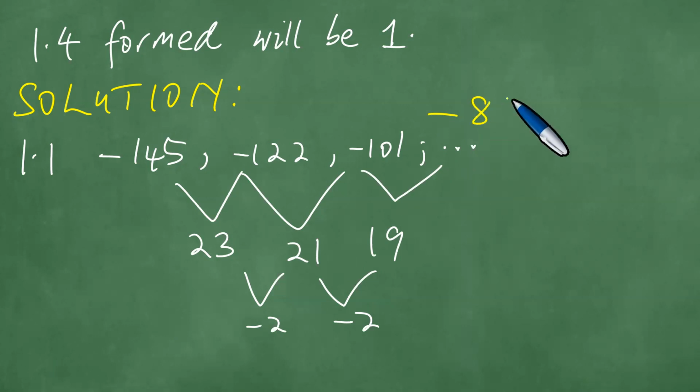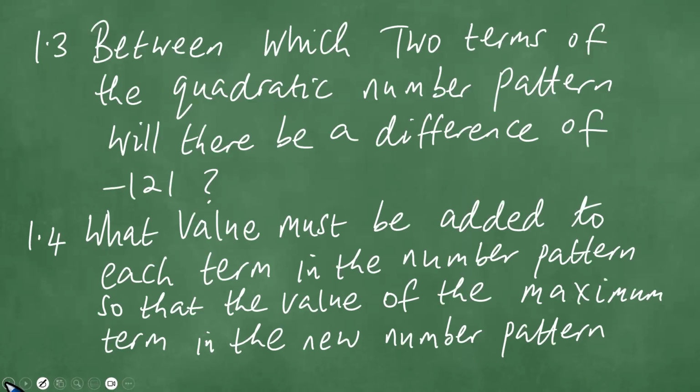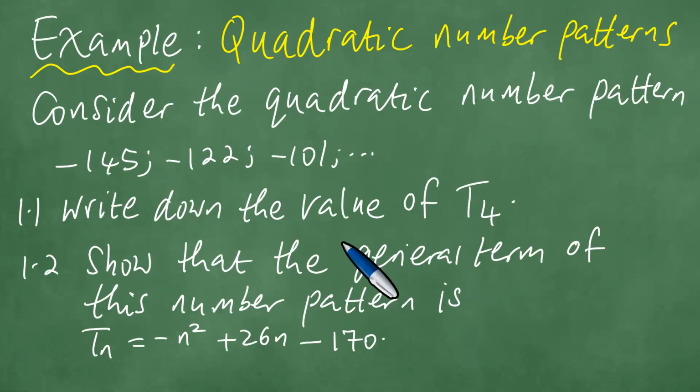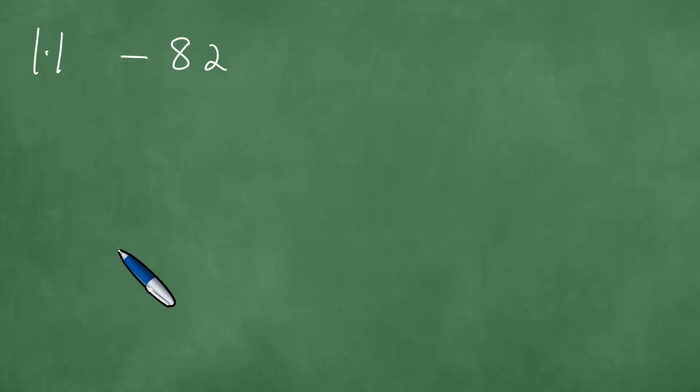So in 1.1 the answer is minus 82, because they want the value of T4, the fourth term: first, second, third, and the fourth. The value of the fourth term is minus 82. So we're done with that.